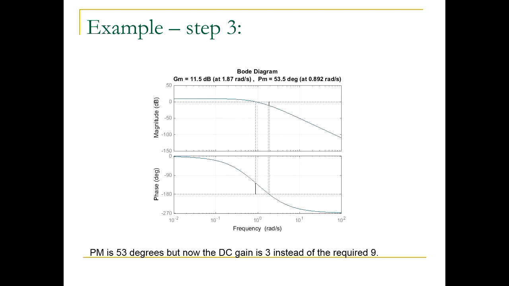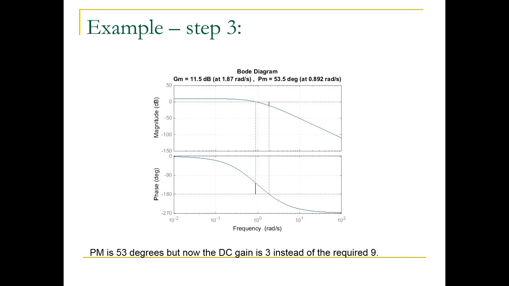By the way, every example that you will find has infinitely many correct solutions. So don't worry if you don't get the same corner frequencies, if you don't have the same gain. As long as you achieve the specifications that are given to you, you are fine. And that can be achieved with infinitely many different compensators, right?